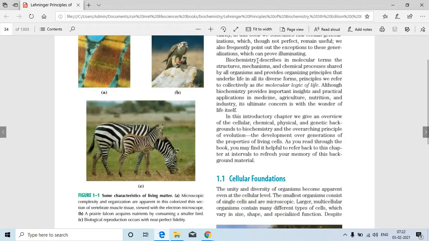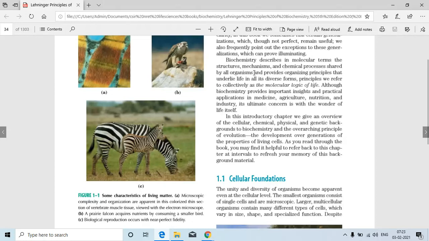So in biochemistry, we have to understand that they have described biochemistry in molecular terms for structures, mechanisms, and chemical processes shared by all living organisms.